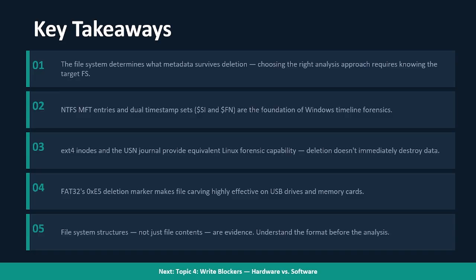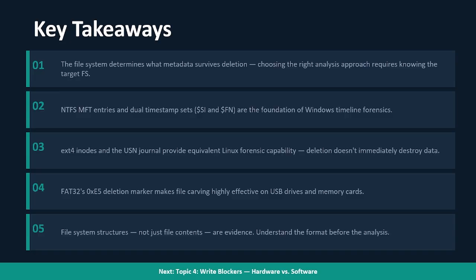NTFS entries have dual timestamp sets, and the file name one is maintained by the kernel and can't be modified by users without quite a bit of effort. So generally that would be the more reliable timestamp location. And if there is a discrepancy between those two, that could be an indication that something has been modified.